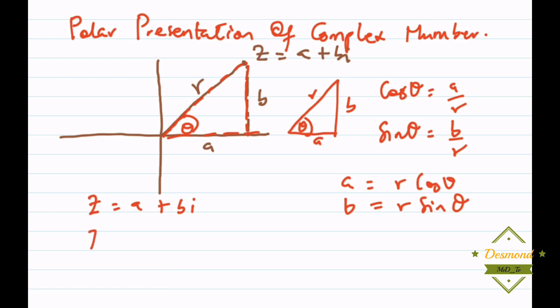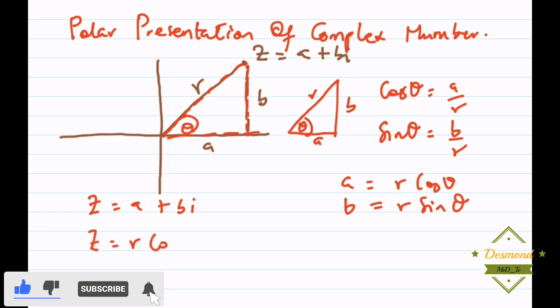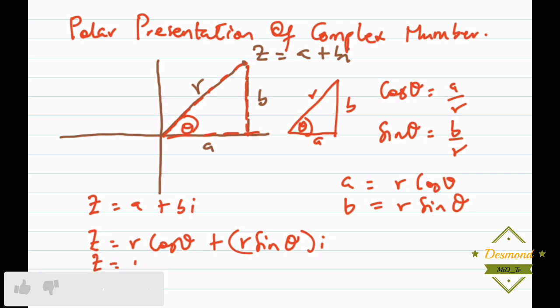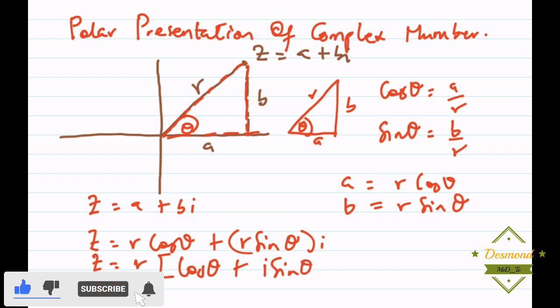Replacing that, we get z = r cos theta + r sin theta i. Then factorizing the r out, we get z = r (cos theta + i sin theta).